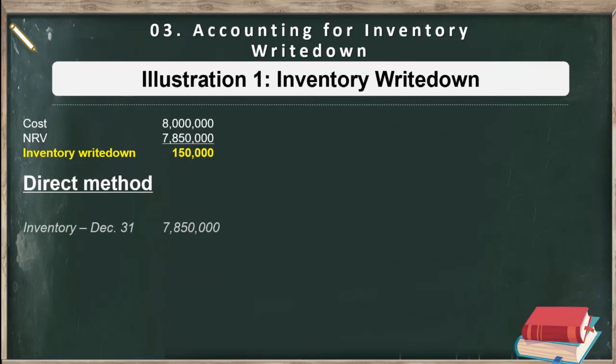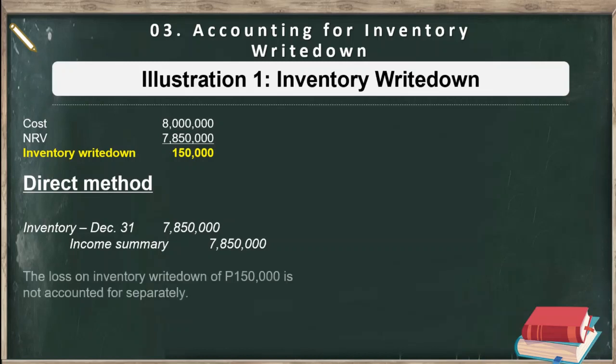Using the direct method, as a rule, we're going to record it at the LCNRV automatically. That's why on December 31, the amount is 7,850,000, and then credit income summary 7,850,000. So the loss on inventory write-down of 150,000 is not accounted for separately, which means we don't have a separate entry for that transaction.